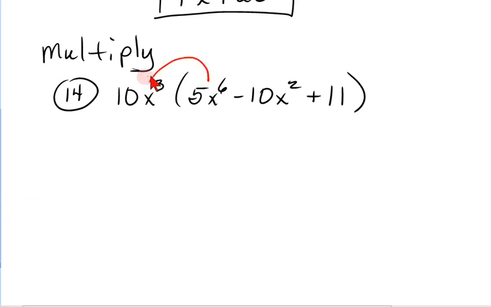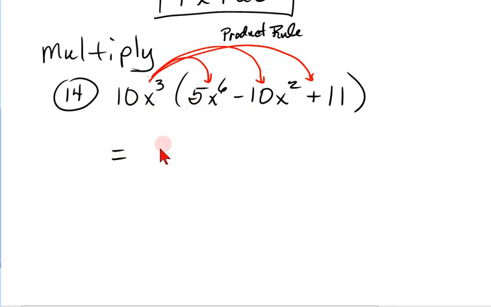Distributive? Because we have just this one term out here, so I need to distribute it. I'm also going to use, with my exponents, the product rule, because I am multiplying. So 10 times 5 is 50, and I'll get x to the, what do you do with the exponents when you multiply? Add them, so it'll be 9th.